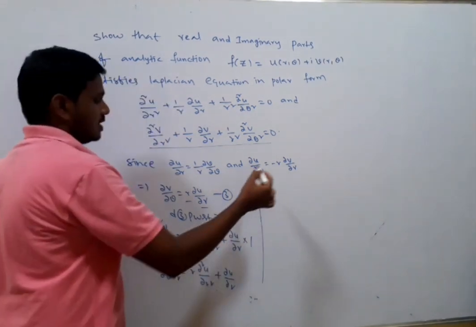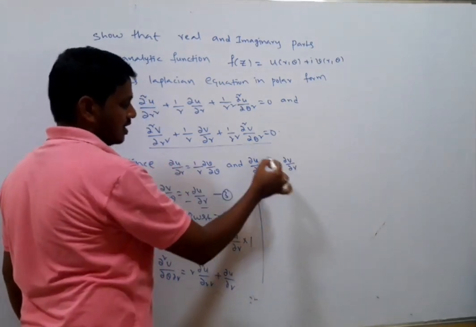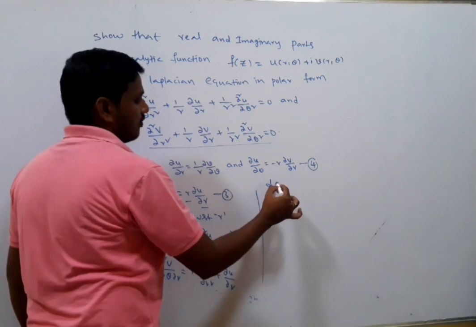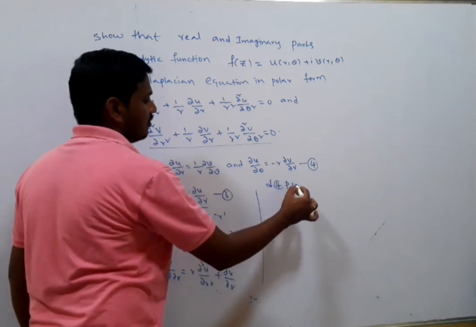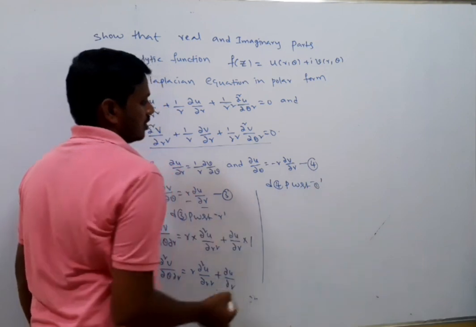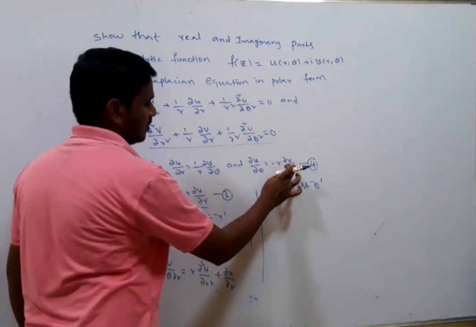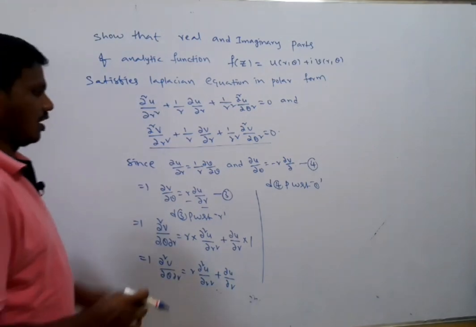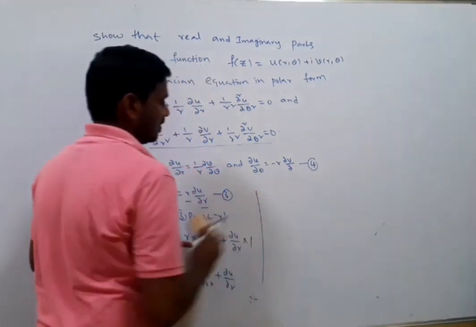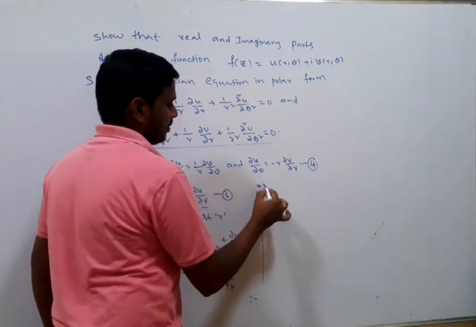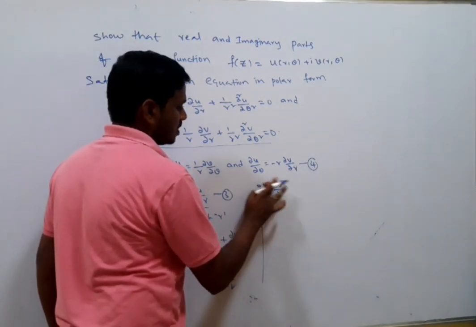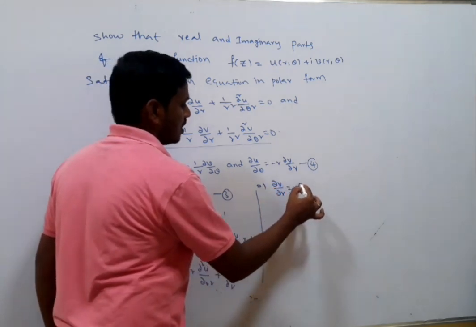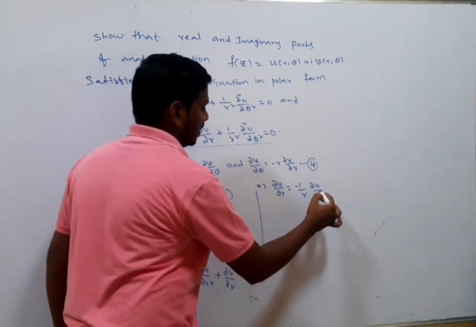Now, from the other equation, ∂v/∂r is equal to minus 1/r into ∂u/∂θ.